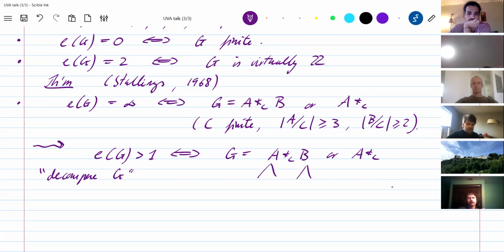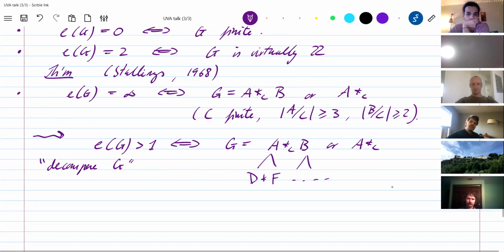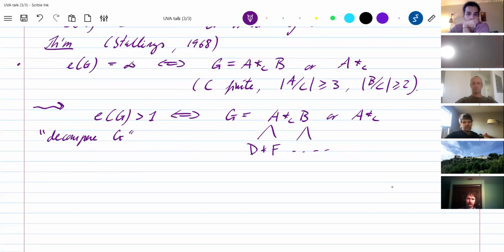Perhaps A is now some amalgamated free product of 2 other groups. So continue in this way. And then you can ask yourself, does this process have to terminate at some point? Will I run out of decompositions that I can do? And this is what accessibility is all about.